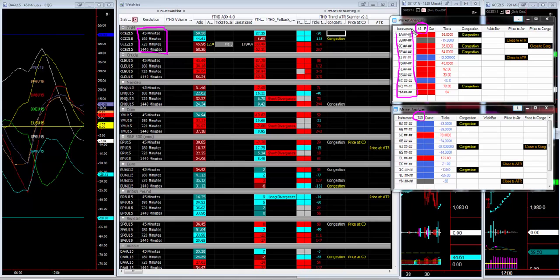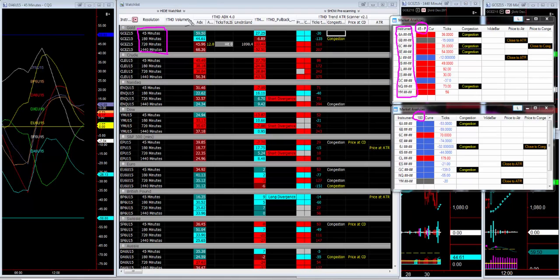So I've got all of my symbols here on a 45-minute, then I have all of my symbols here on a 180 minute. In MultiCharts, I simply put in a group of gold and then I have all the time frames in one screen. Other than that, they're almost identical.